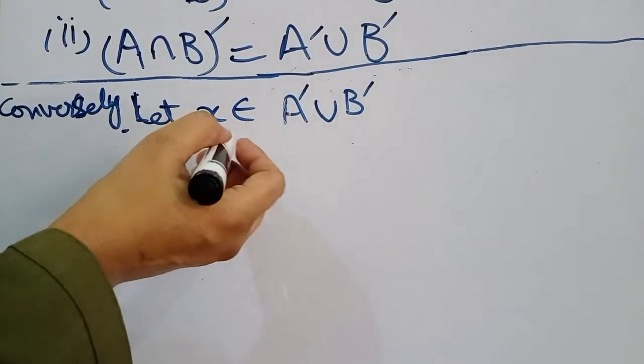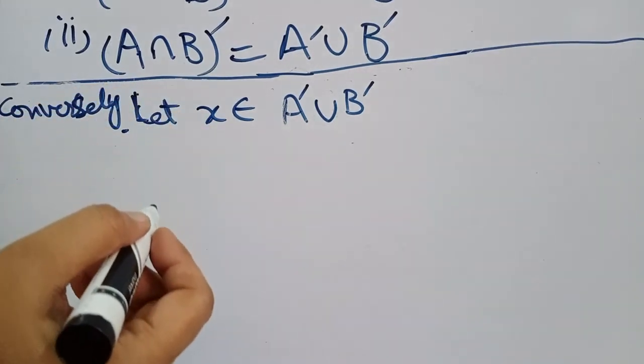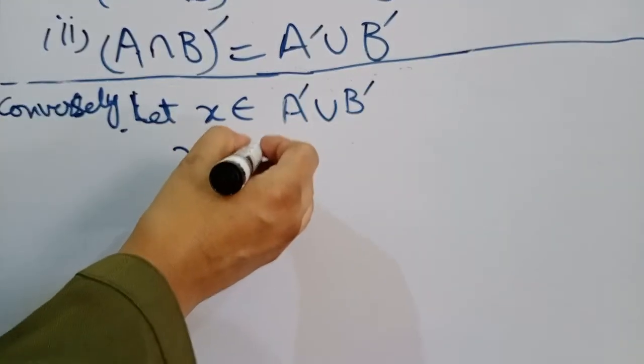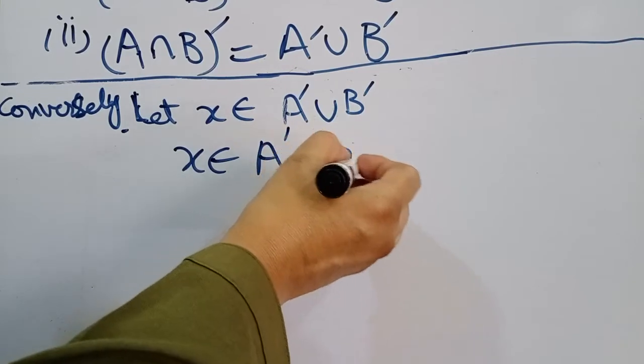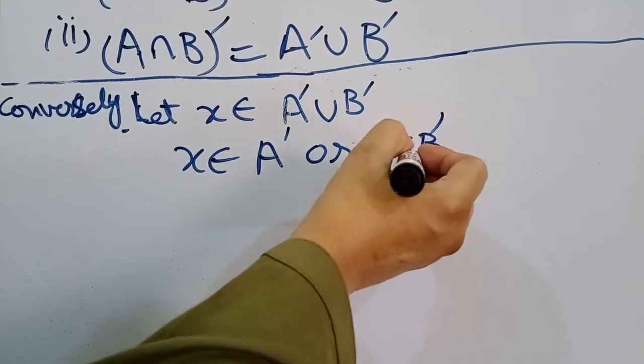Conversely, let x belong to A complement union B complement, so x belongs to A complement or x belongs to B complement.